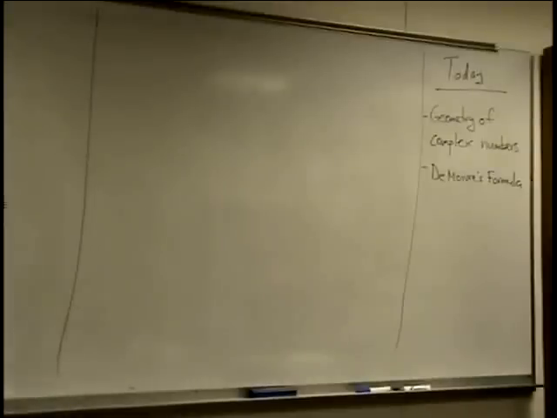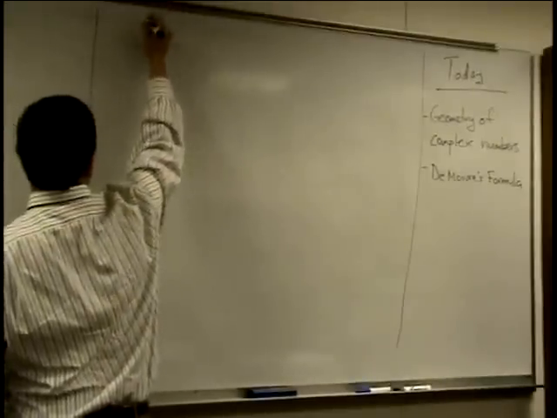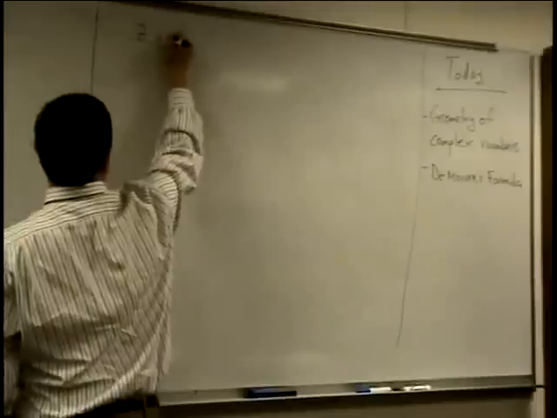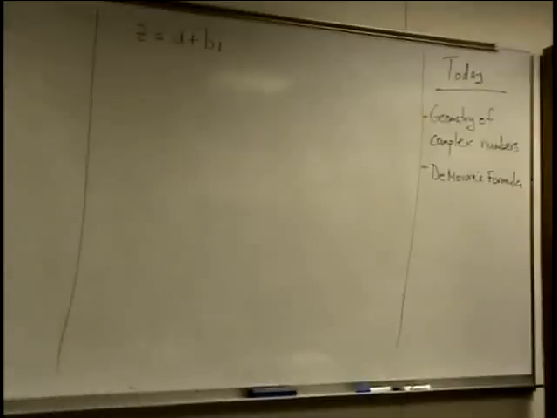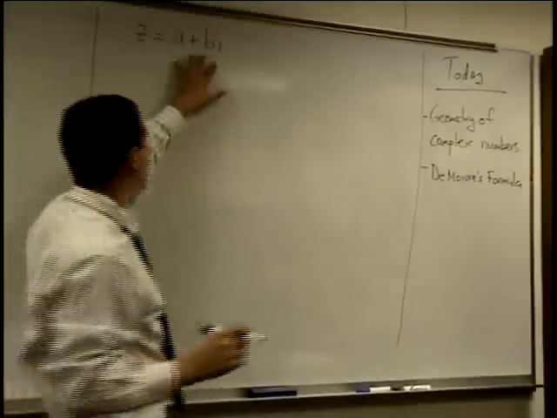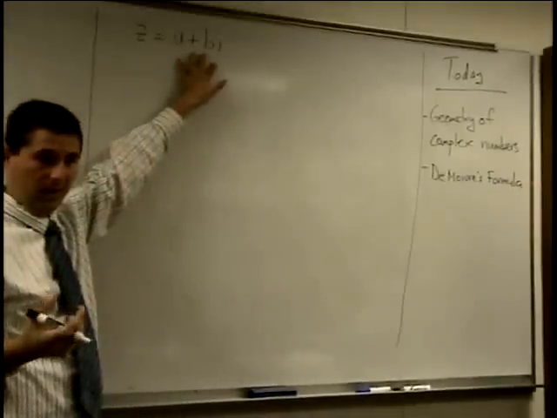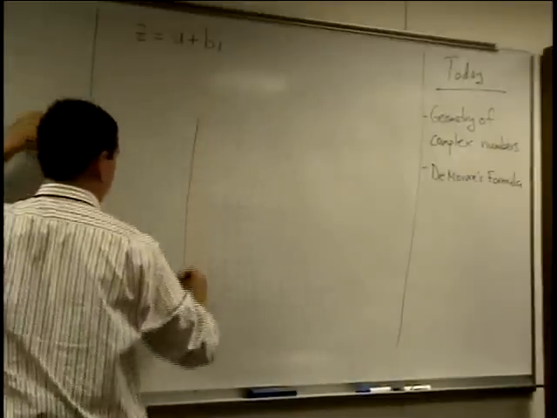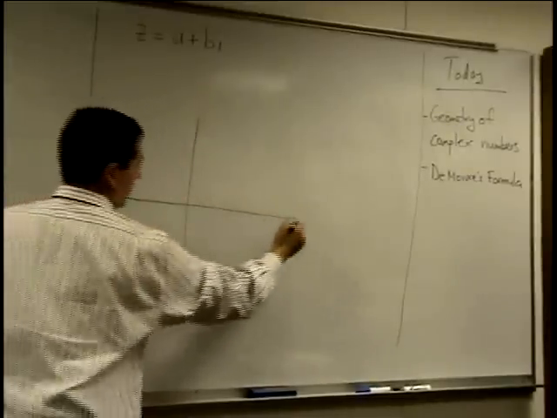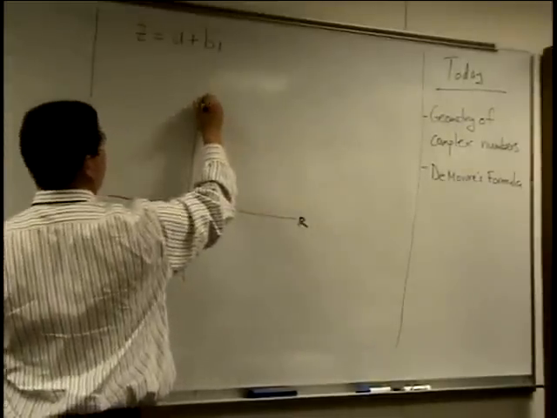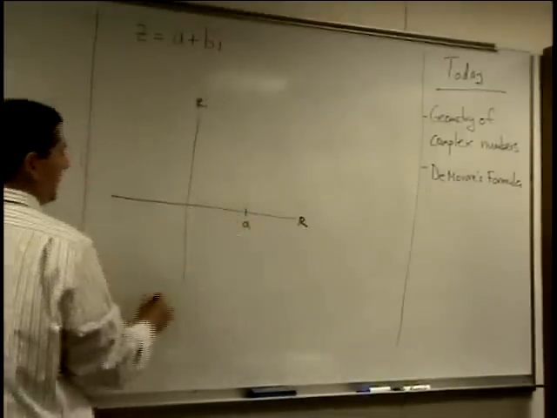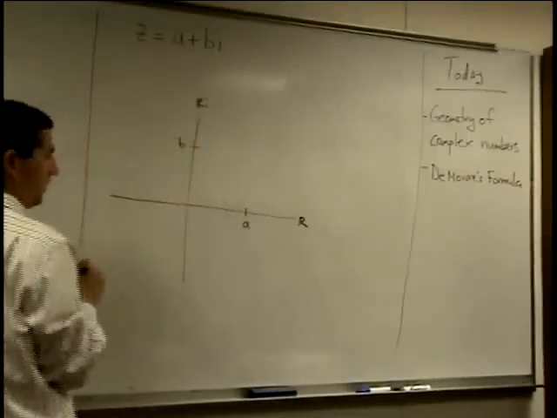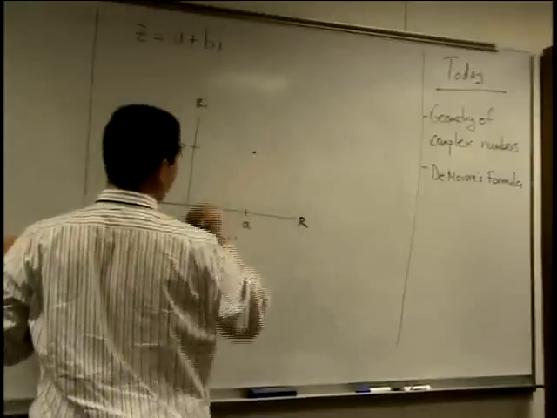Okay, so let's just quickly recap. If you start with a complex number, which we could write in the form z equals a plus bi, this is the so-called analog of rectangular coordinates. If you try to graph this, this is your real axis and this is your imaginary axis. And you just go a units on the real axis and b units on the imaginary axis and plot this point.